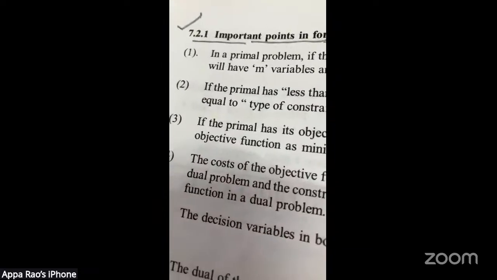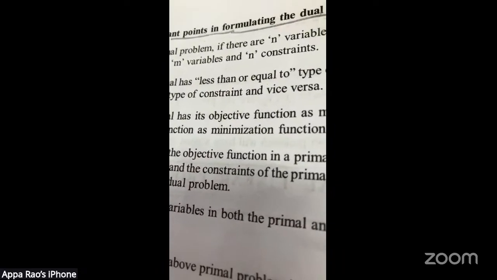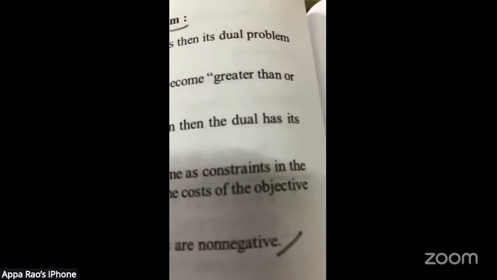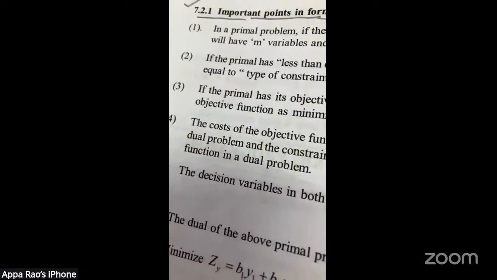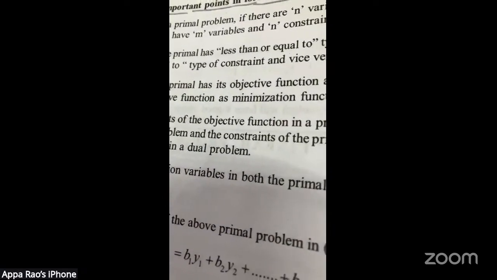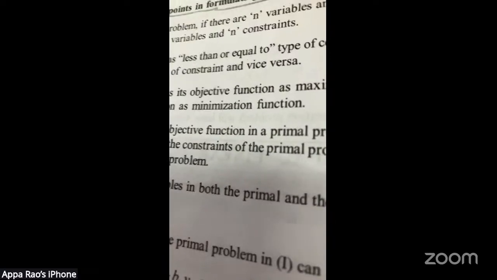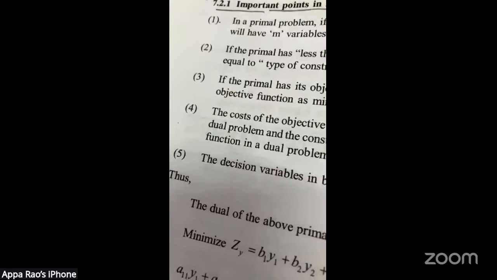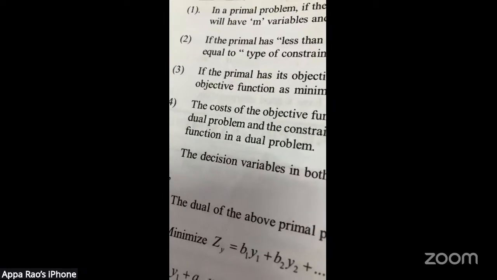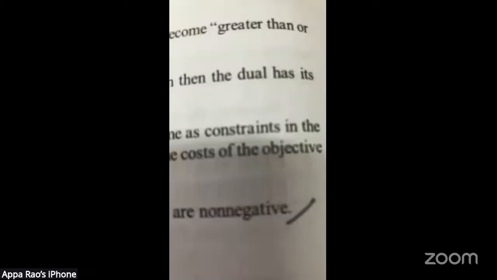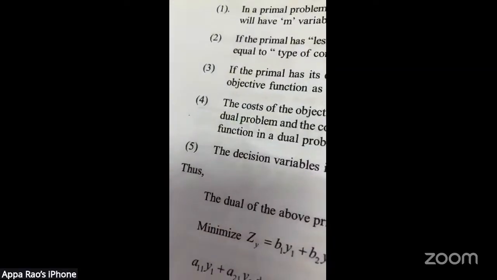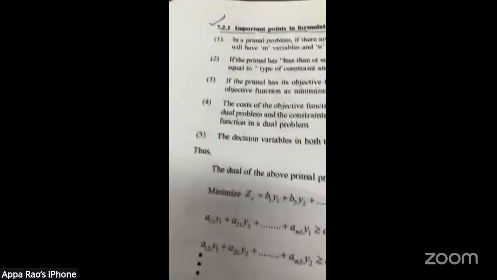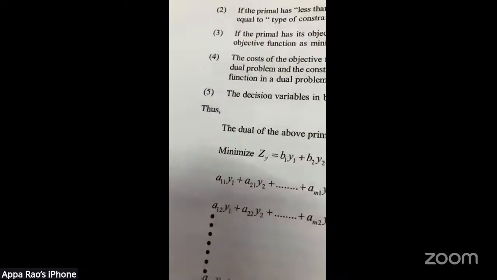First point: in a primal problem, if there are n variables and m constraints, then the dual problem will have m variables and n constraints. Second: if the primal has less than or equal to constraints, it will become greater than or equal to type constraints and vice versa. What is the third one?